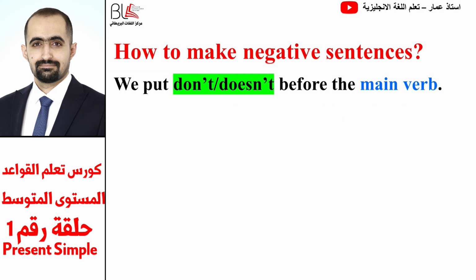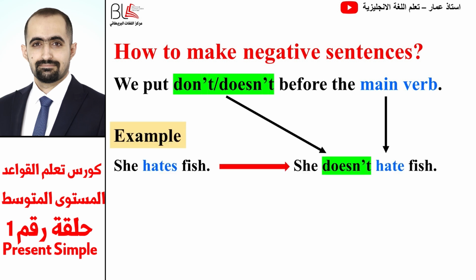So how to make negative sentences؟ كيف نقوم بتكوين جمل منفية؟ We put don't or doesn't before the main verb. نضع don't أو doesn't قبل الفعل الرئيسي. So for example, she hates fish.